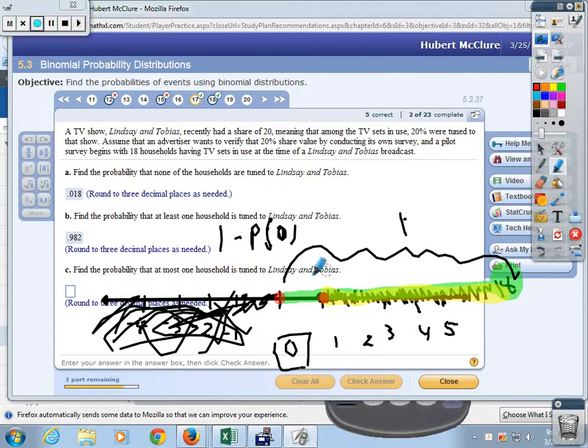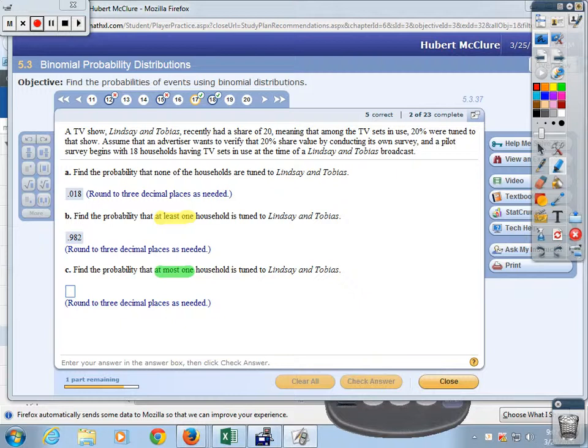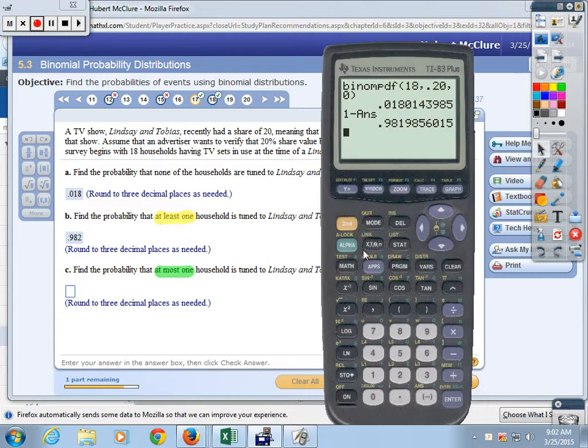So the probability of at most 1 would be the probability of 0 plus the probability of 1. We know the probability of 0 is 0.018. Now we've got to do the probability of 1: second function, enter, and I'm going to put a 1 here.